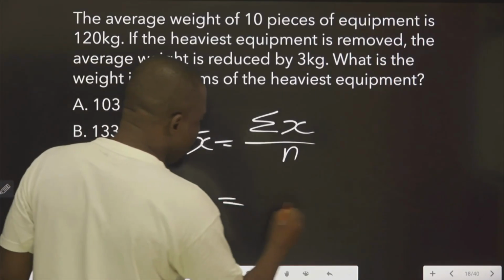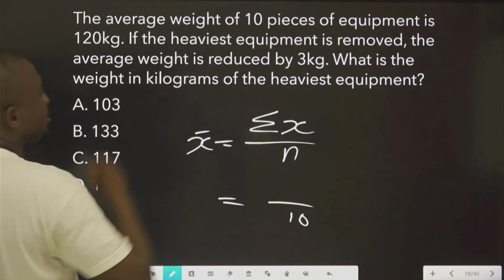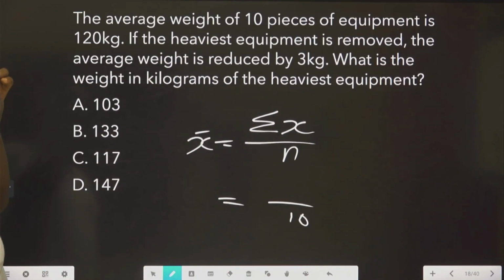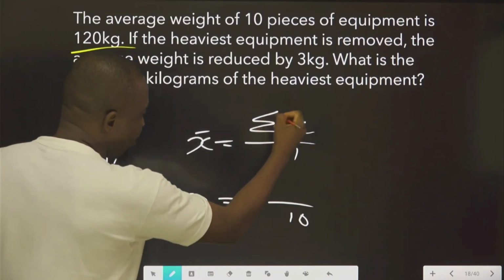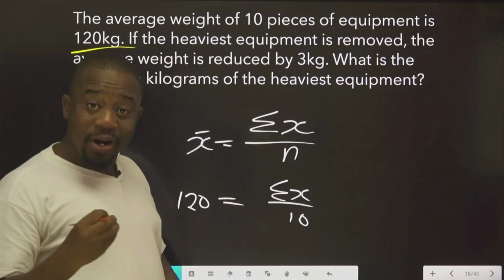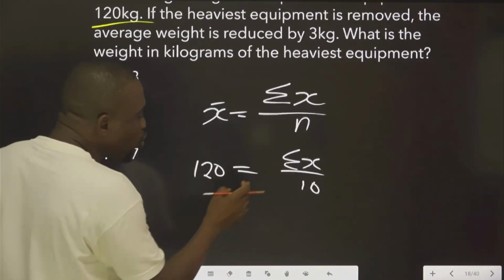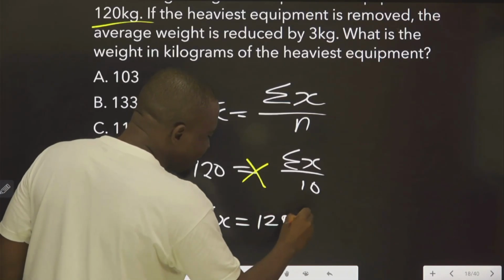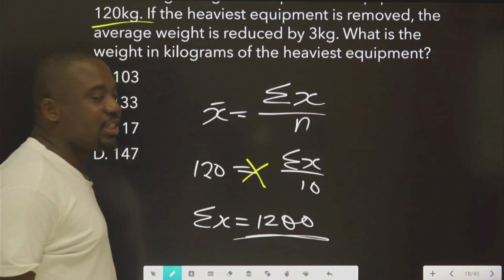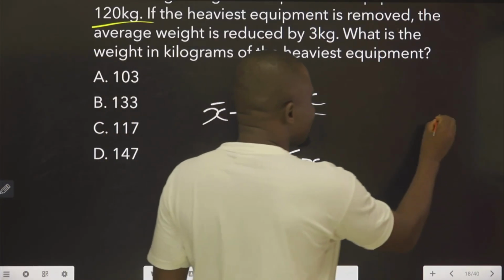It means here, we know n is 10 items. And the average weight of 10 pieces is 120. We don't know this. Okay? Now, we have to cross multiply to get the sum of everything. That is 1,200.